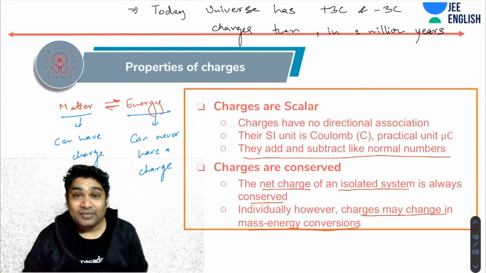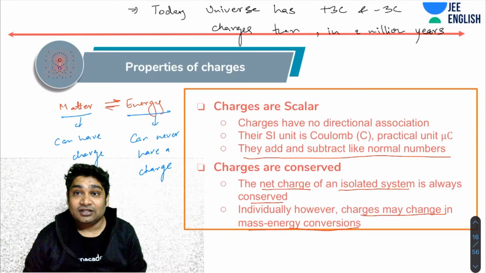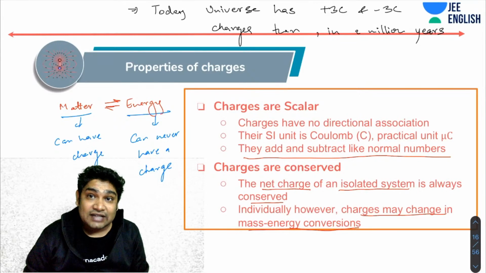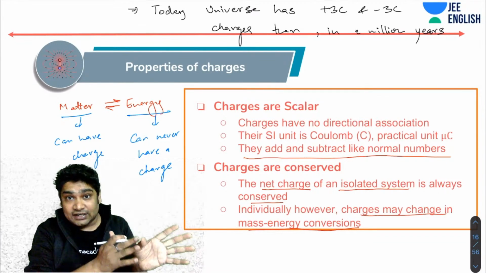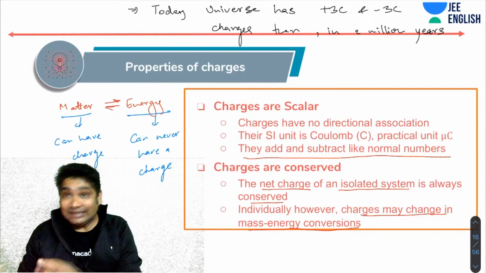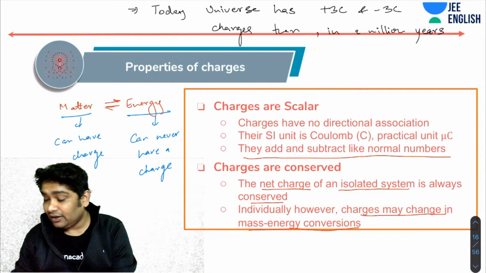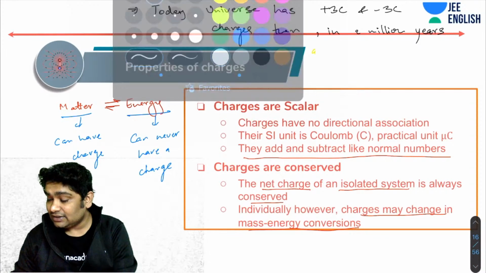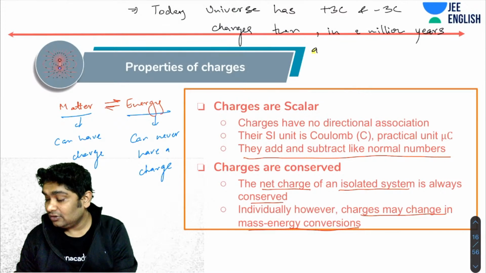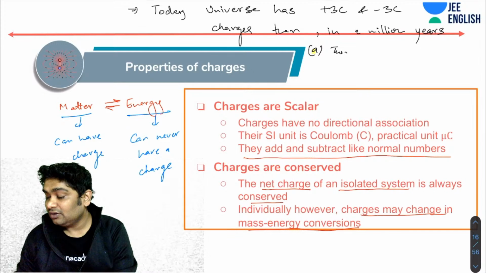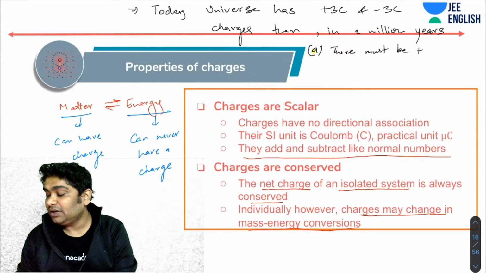Again, this can be a trick question. If today we realize that the universe has plus 3 coulomb of positive charge and minus 3 coulomb of negative charge, then in a million years, option A says there must be plus 3 coulomb and minus 3 coulomb charge.